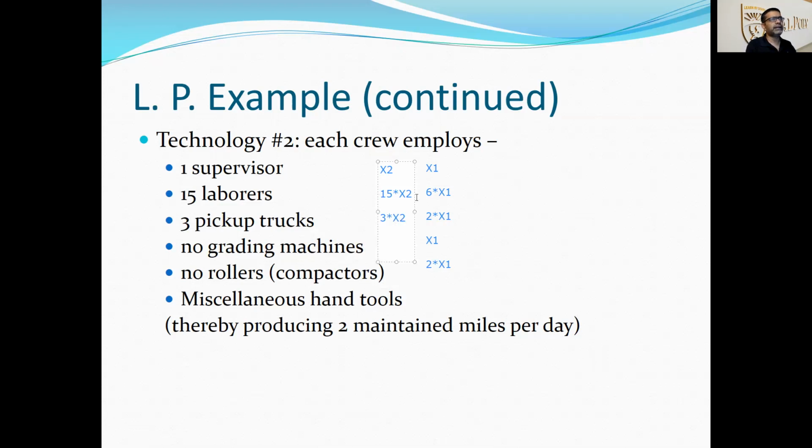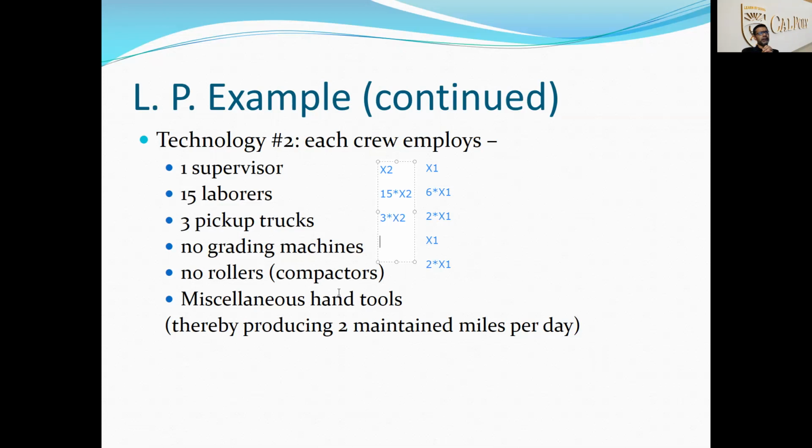No grading machine, so that wouldn't matter. No rollers or compactors, and miscellaneous doesn't matter either. So there is no constraint related to grading machine, rollers or compactors because technology 2 doesn't use any. You can think of this as a more labor intensive sort of technology.